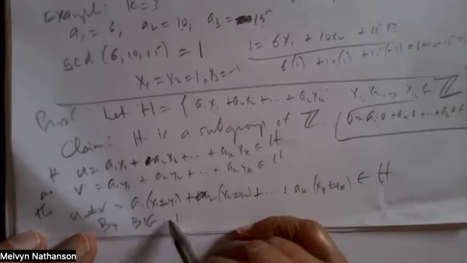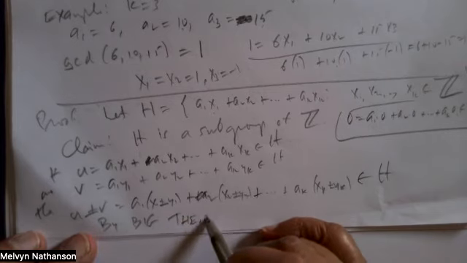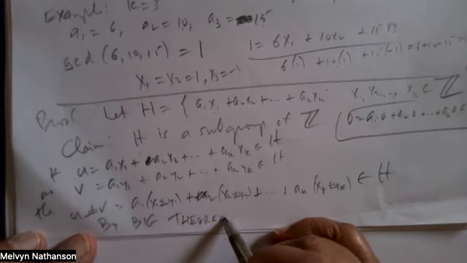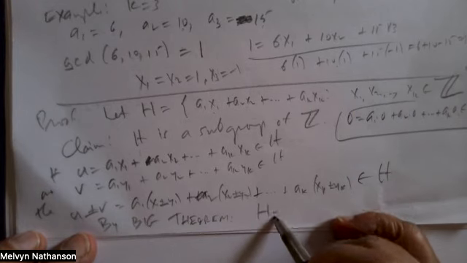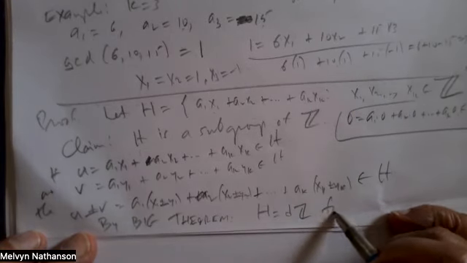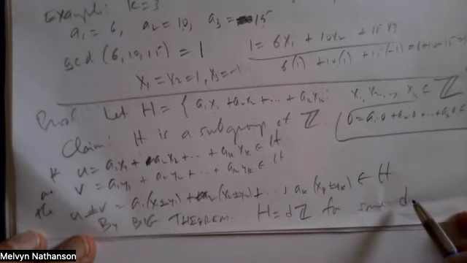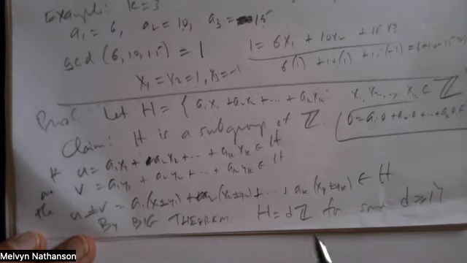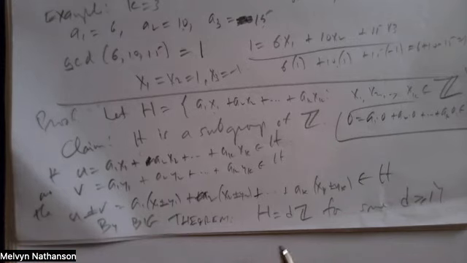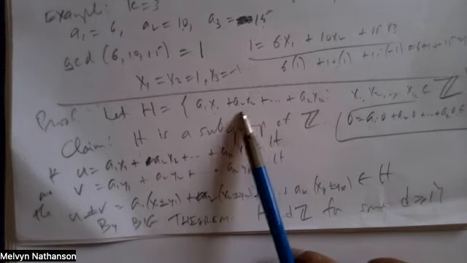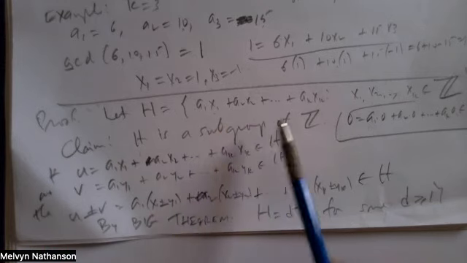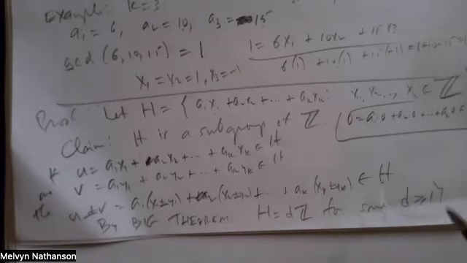So by the big theorem, H is equal to dZ for some positive integer d. d can't be 0 because the a's aren't all 0, so at least one of the a's is in H, so H is not just the 0 set.